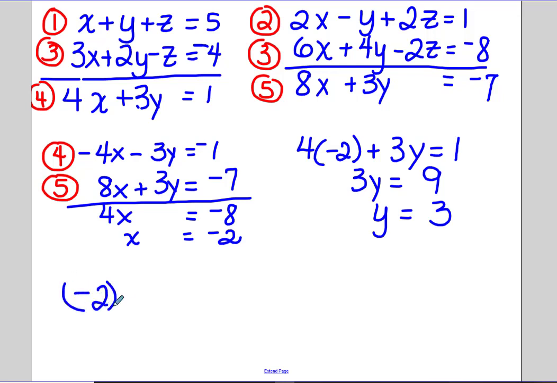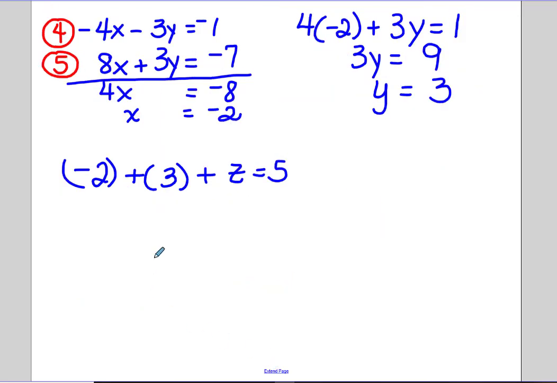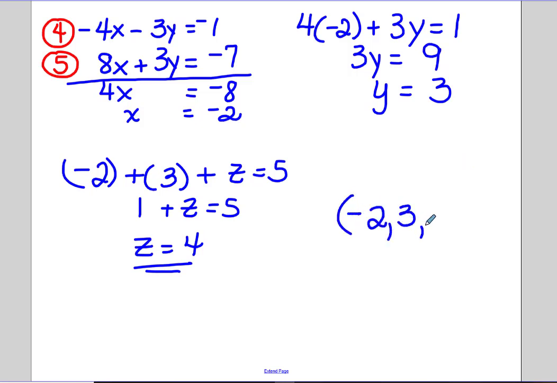So 1 plus z is 5. That means z is 4. So our ordered pair is going to be alphabetical order: x, y, and z. So these 3 equations intersect on a 3-dimensional plane at that ordered pair.